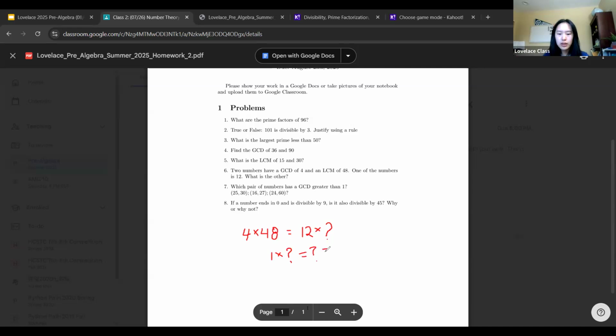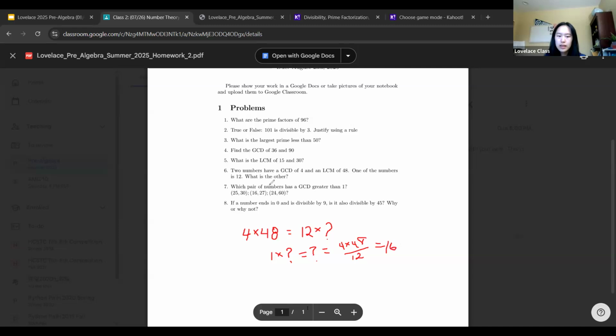That equals 4 times 48, divided by 12. You could put this in a calculator, or you can just see that 48 divided by 12 is 4, so this equals 4 times 4, which is how we get the answer of 16.